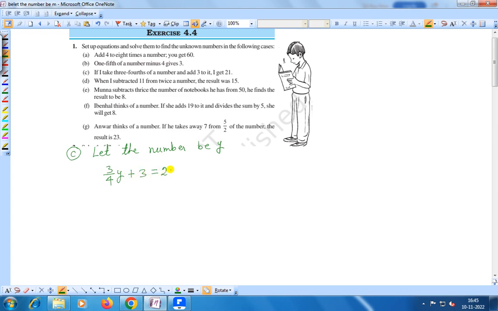Or 3 by 4 y, if we transpose 3 on the right hand side, it will be 21 minus 3. Or 3 by 4 y is equal to 21 minus 3, which is 18.